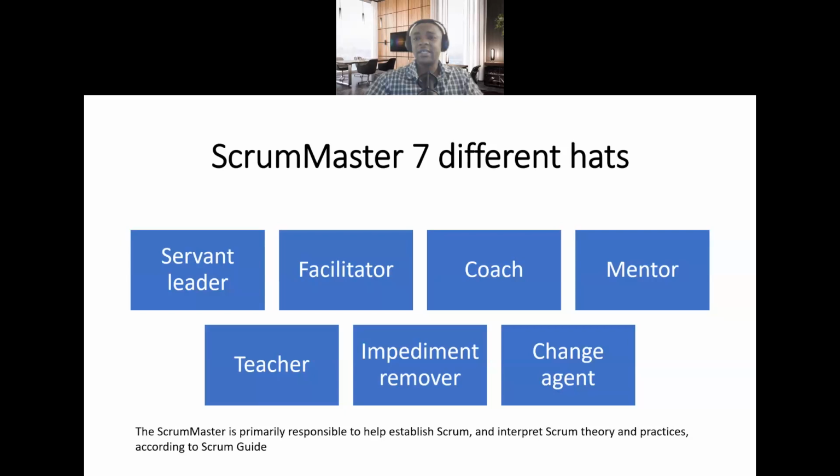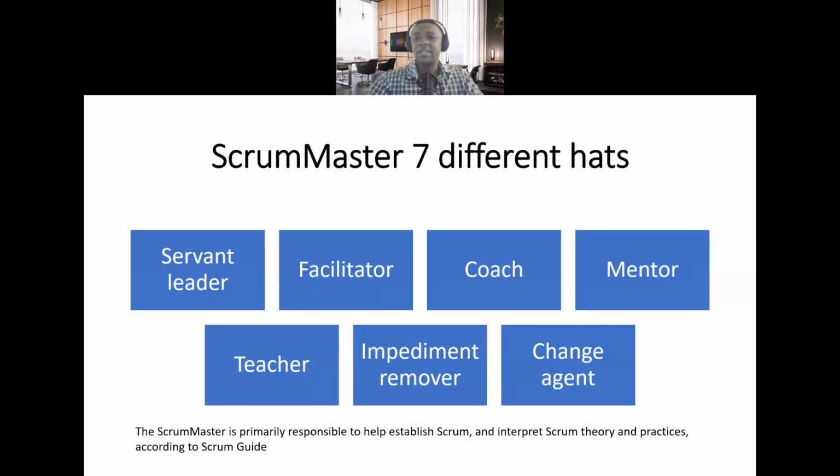I don't think it is possible for a Scrum Master to be a servant leader if the person cannot or wouldn't be a servant leader, or doesn't know how to facilitate a meeting or any of the ceremonies, or can't coach or mentor or teach or remove blockers, or help to maintain agility through change, through making the transition, or through helping the team to transition from one environment to another.